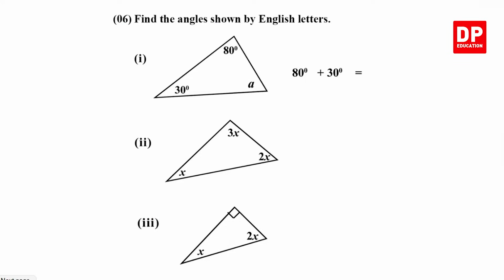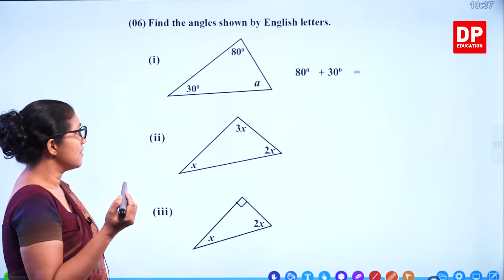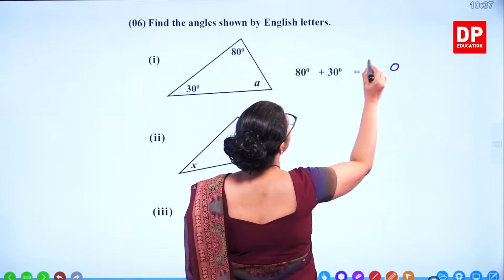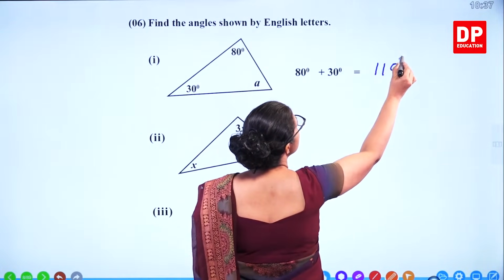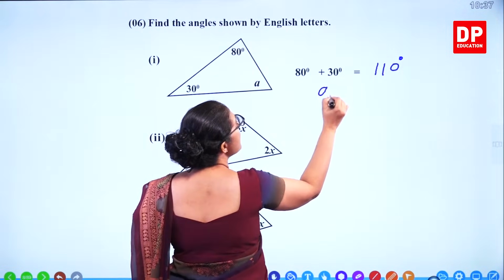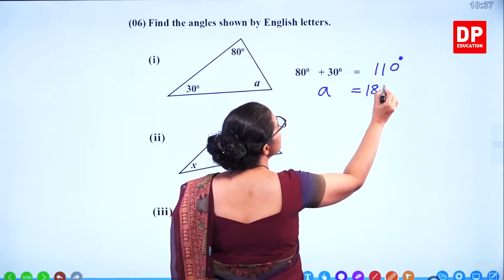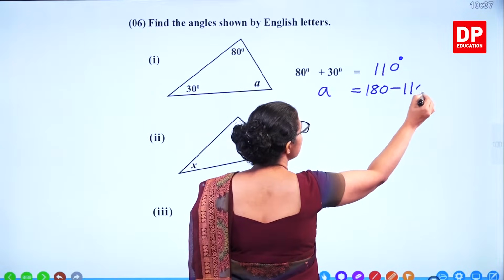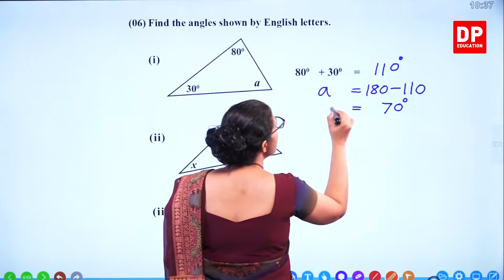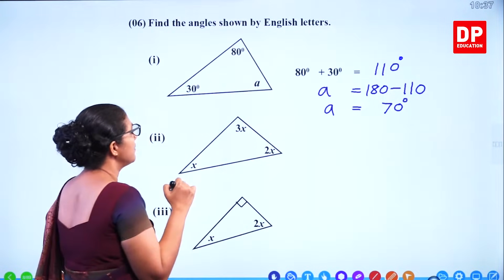So using that, find the angles shown by English letters. So this is a triangle. What is 80 plus 30? 110. So subtract 110 from 180. You get the other angle. So you get 70 degrees for A.